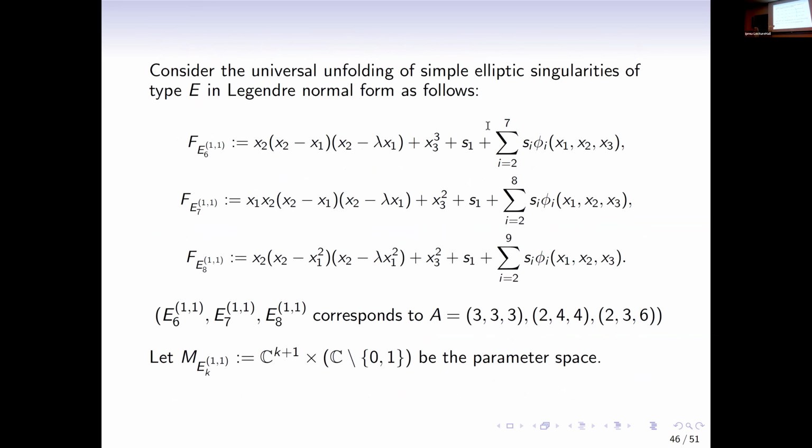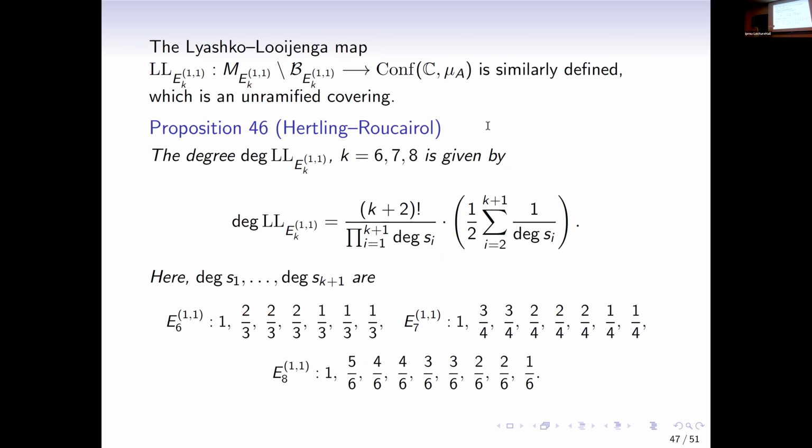So in this elliptic case, simply the universal unfolding of the simple singularity. We choose, for example, the Legendre normal form, and so we consider this parameter space. Then again, similarly, we get the period map, and the degree of the period map is calculated by Brieskorn and others.